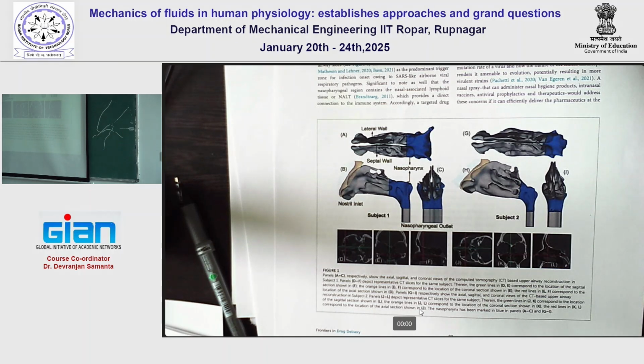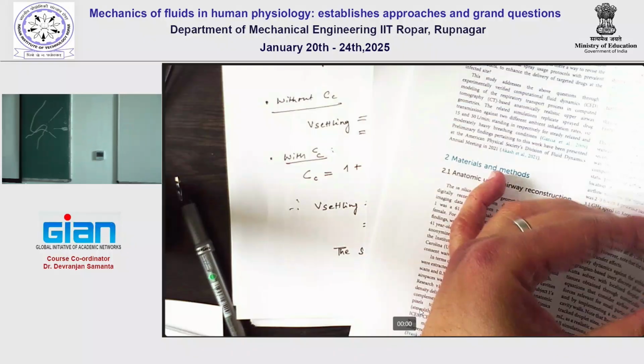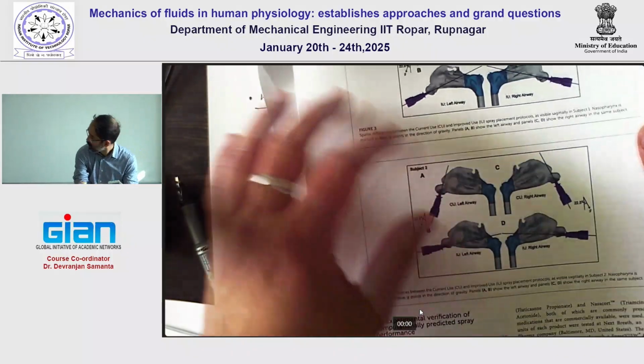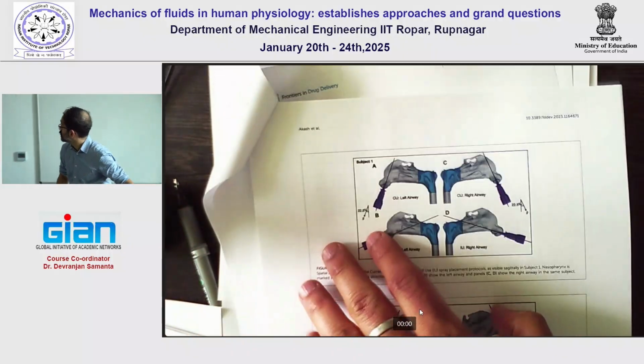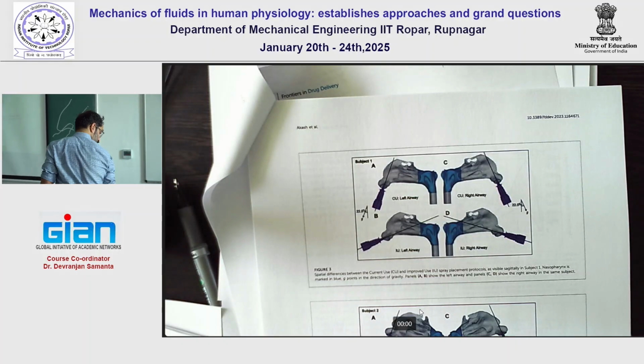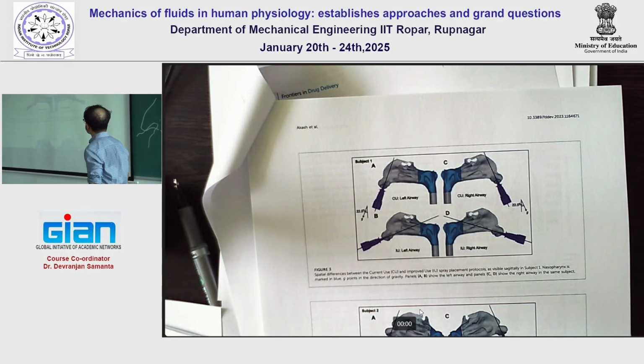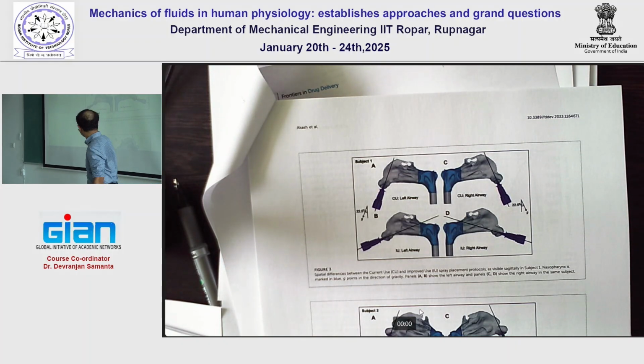So what was done in this paper is, over here we are placing the nasal spray at two different angles. In this one we are trying to put the spray axis such that it actually cuts through that target site. This is where we want to send the drugs because that's where the infection is. Whereas this one is according to the instructions that come in the packet of the product.